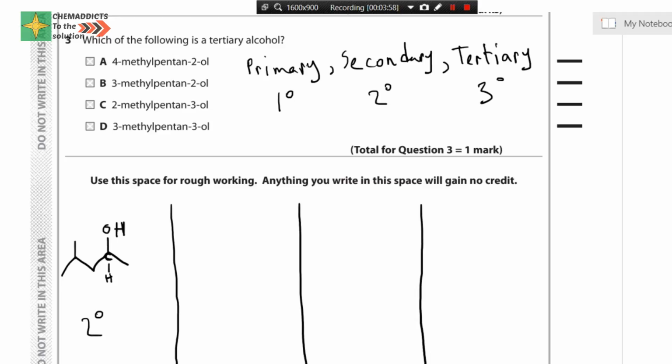A 2 degree alcohol has one hydrogen attached to the carbon containing the hydroxyl group. So this is a 2 degree. Now let's draw the next one. This shouldn't be the answer. Boom, wrong answer.